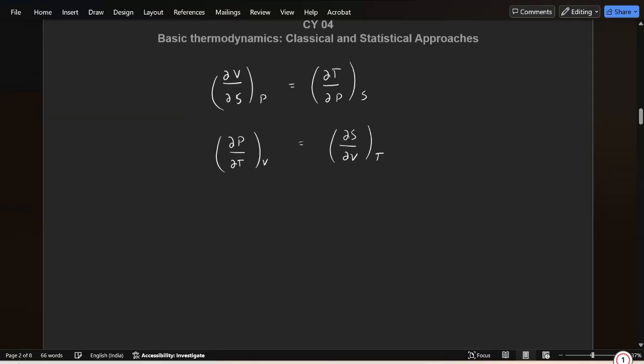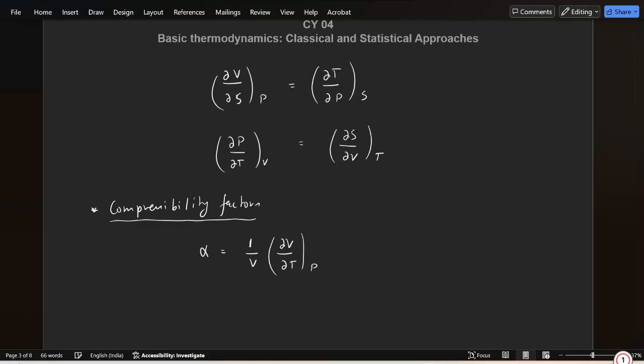Then one more thing that we need are the response coefficients. These are again experimentally measurable quantities. There are four of them that we will see. One is the isobaric expansion coefficient, alpha. That is expansion: how the volume expands as temperature changes at constant pressure.